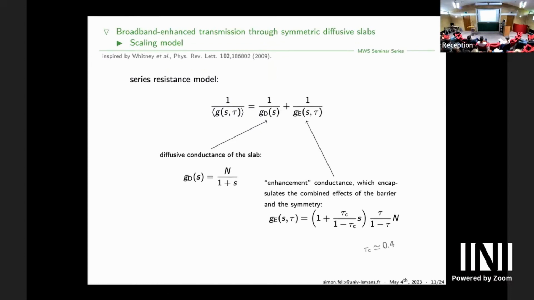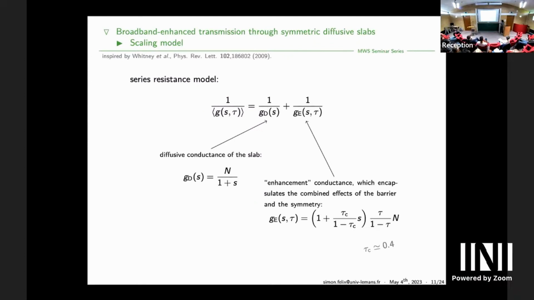So I write that it is the resistance of the diffusive slab alone, plus some fictitious resistance of the system, which will be the barrier plus the effect of symmetry. I do not need the detail, but we guess a simple form of this function, and then we impose the limit conditions.